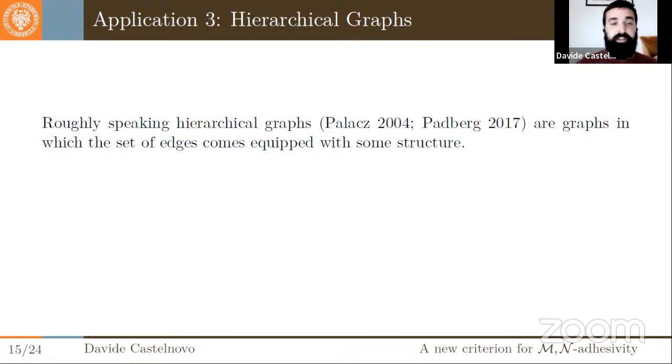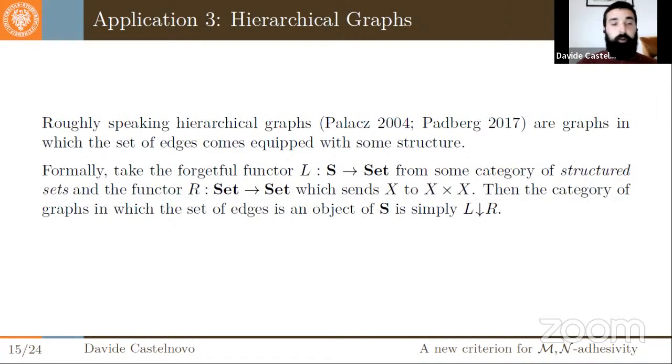Now we can reason about hierarchical graphs. So what is a hierarchical graph? It is a graph in which the set of edges comes equipped with some kind of structure. Formally, we can take the forgetful functor L from some category S of structured sets into Set, and then take the functor R from Set to Set, which sends X to the product with itself.